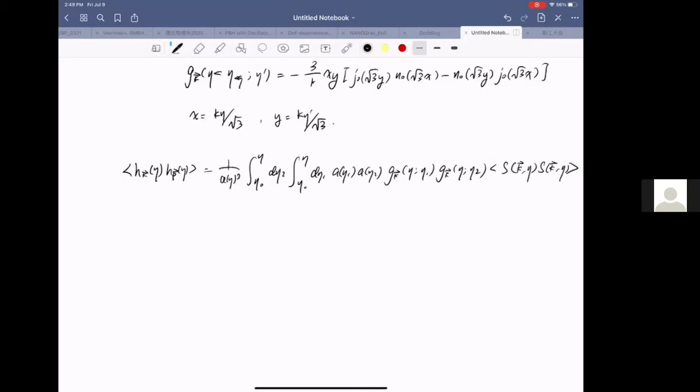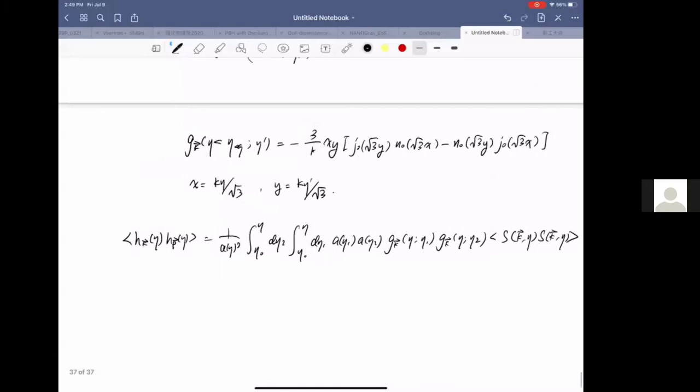Now remember that the source term can be written in terms of the transfer functions and the primordial values. This is what I have shown, and it is connected to the angular part I talked about.